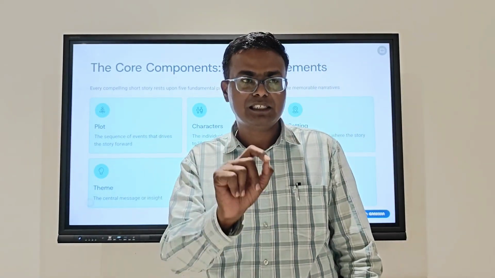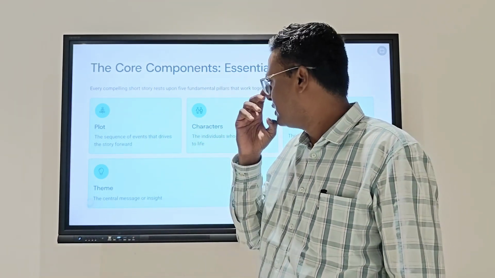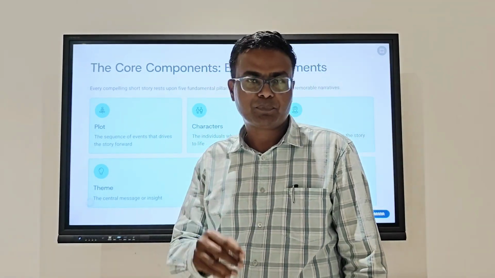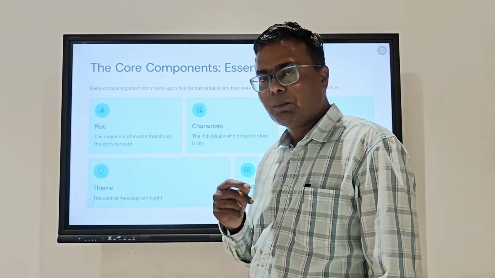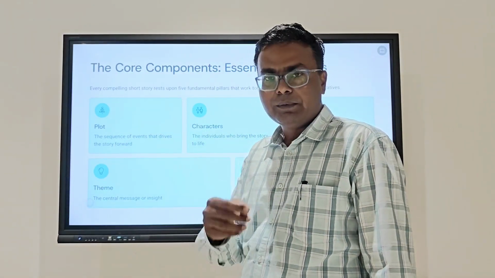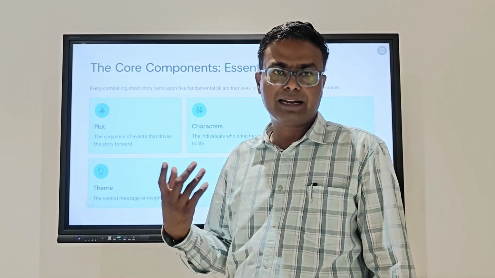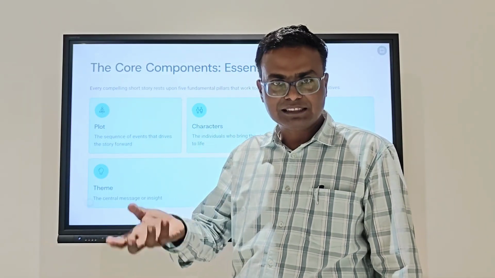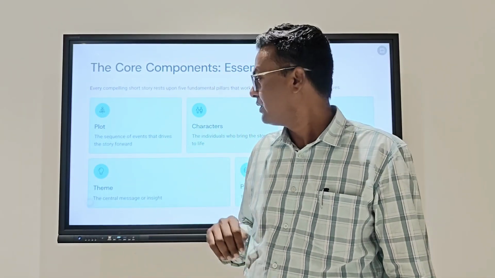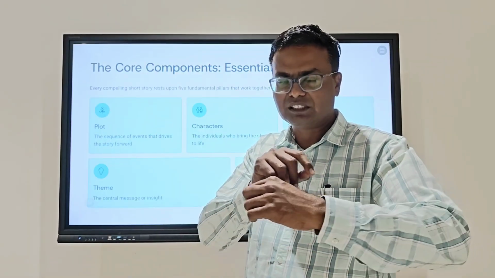So plot is the artistic representation of events. For example, suppose there is a story of a person. The story will begin from his childhood, as he is born, then his childhood, his adulthood, then his marriage, and after that his death. This is the story. This is linear.